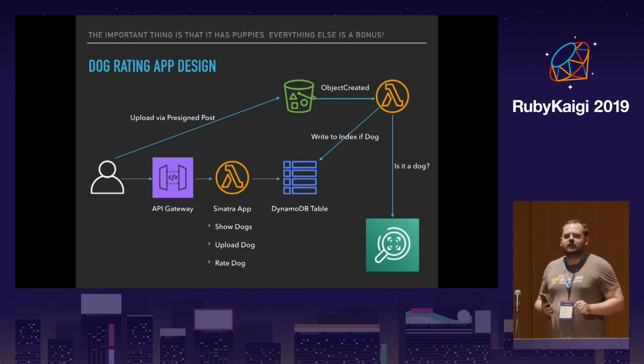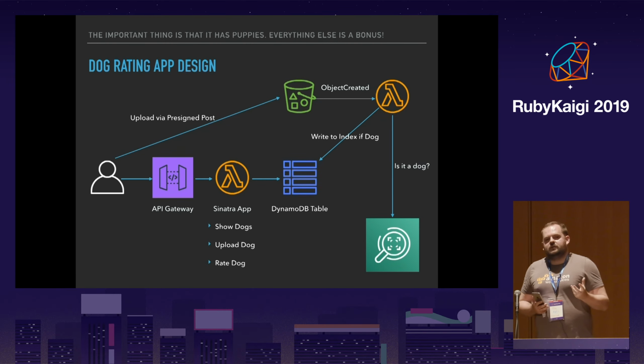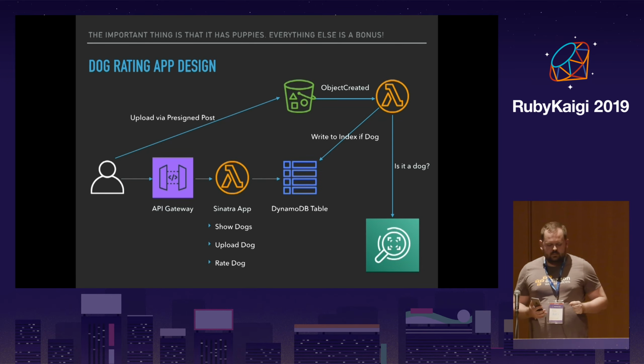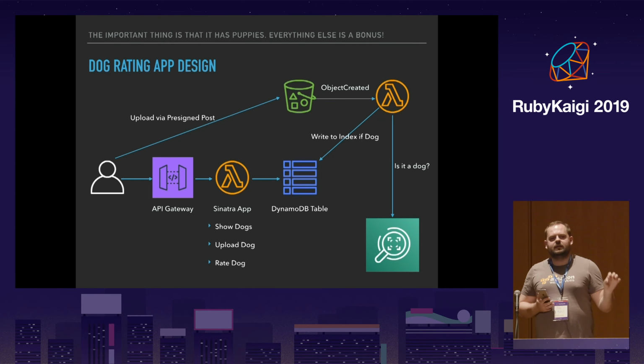But there's an interesting trick. I only want you to be able to upload pictures of dogs. So when you upload a picture, it doesn't go up on the website right away. We have a little bit of post-processing. And what we're doing is we have another Lambda function that the trigger is a new object has been created in my S3 bucket. And that will automatically call Lambda.